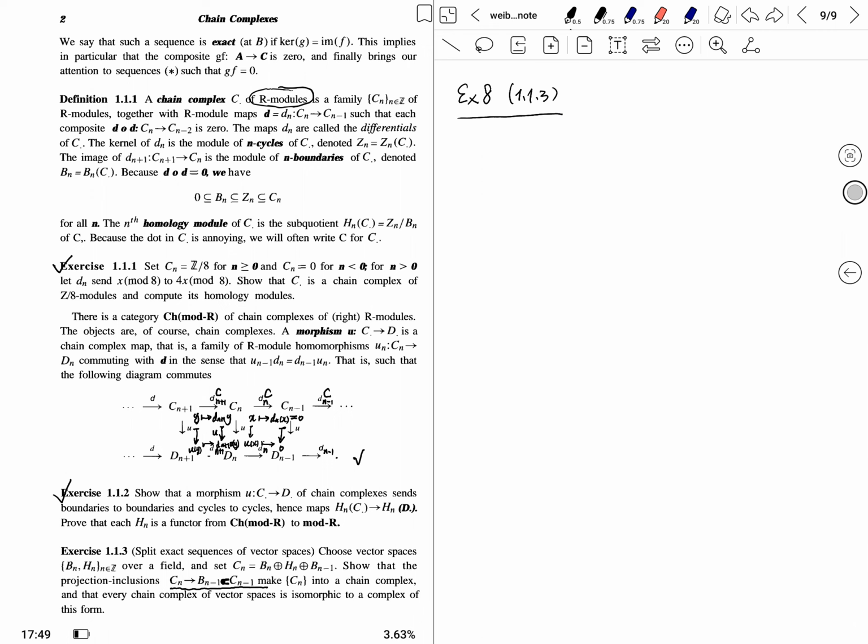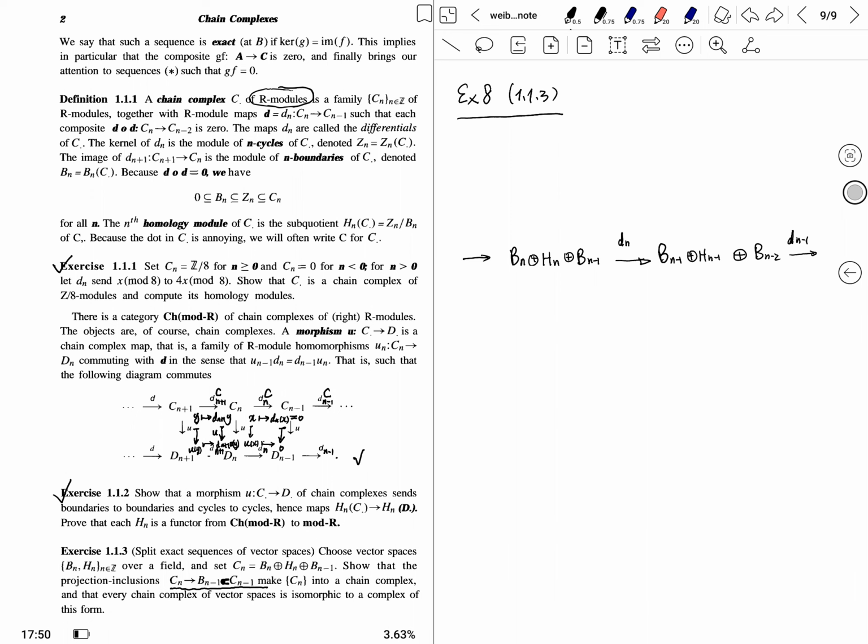The exercise is to show that any chain complex of vector spaces is isomorphic to a chain complex of the following type: B_n ⊕ H_n ⊕ B_{n-1}, then your d_n, and then we have B_{n-1} ⊕ H_{n-1} ⊕ B_{n-2}, etc.